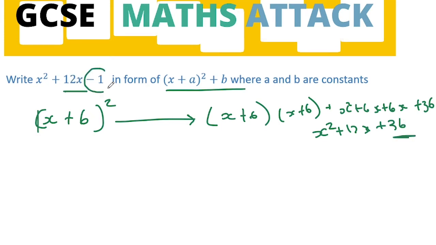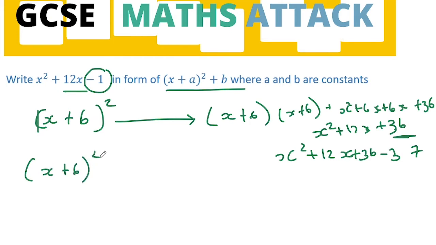You want your answer to be -1. Okay? So you have to say to yourself, how am I going to go from 36 to become -1? So I will do x squared plus 12x plus 36 minus 37, because that will give me -1. So if I was going to do this, it will be x plus 6 squared minus 37.